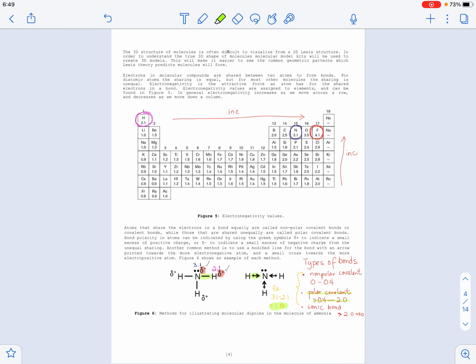So these are illustrating the polarity of a bond. Polarity, we also call it dipole in chemistry, which means that you have two poles, a positive and a negative. And as you can see, it is just illustrating the electronegativity difference between the two atoms in a polar covalent bond.